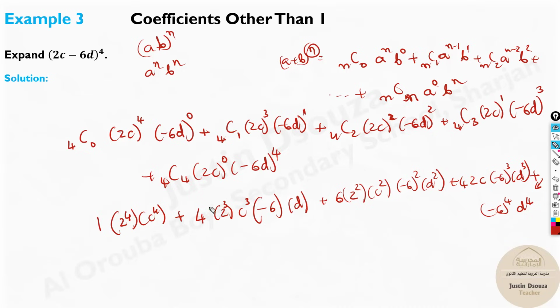Now we need to use a calculator and solve these up. So this first one, it'll be just 2 to the power 4. You can do it in mind, but it'll take a long time. So it'll be 4, 8, 16, c power 4 plus, now this one over here, 2, 4, 8, 8 times 4 is 32, 32 times 6. So that's going to take time.